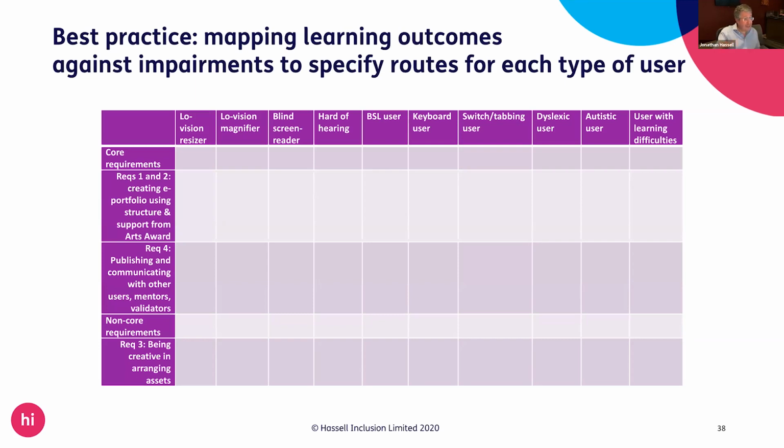So these are core requirements, the most important things for people to learn. We've got non-core requirements at the bottom there. But for each of those requirements, each of those learning outcomes, how do people with various different disabilities actually get there to success? That's the key thing. They don't have to all be the same way, but they all have to get there in a supported way.